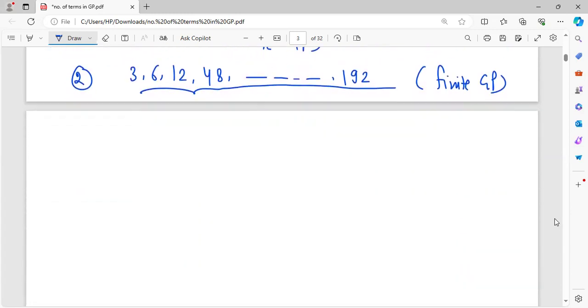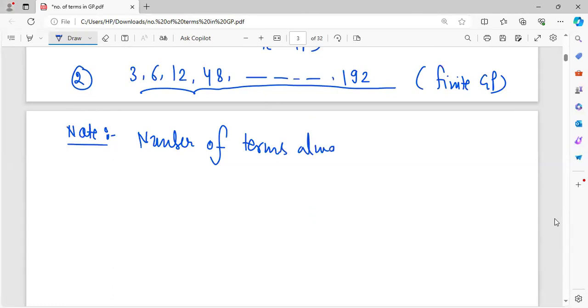Note that the number of terms is always found in a finite GP.